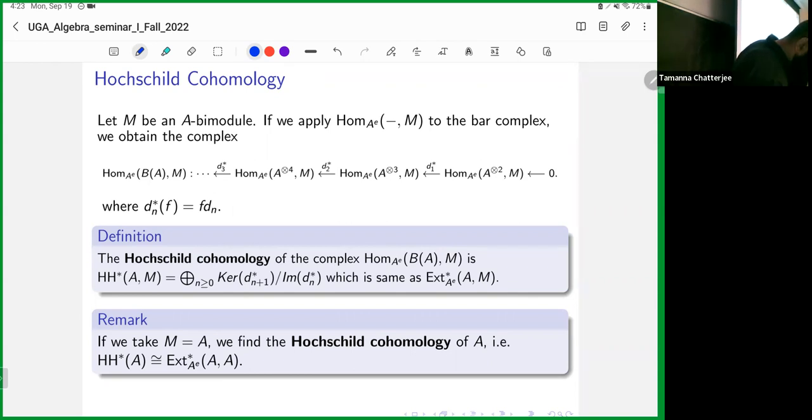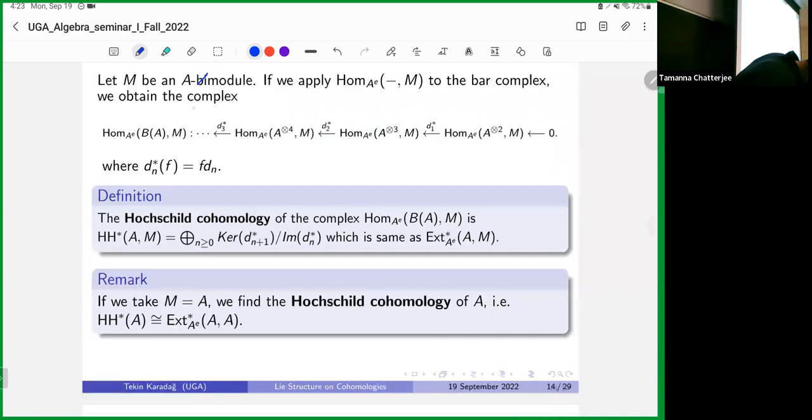It can be a bimodule also, but if you say A^e module, I believe it is the same. Generally, as a vector space, an A module.